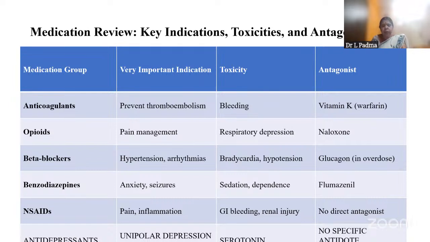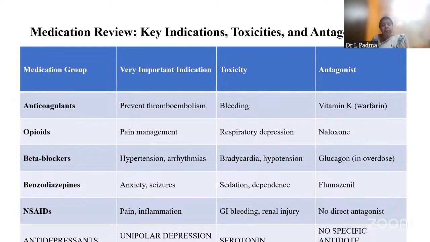So we have all these benzodiazepines by names like diazepam, lorazepam, estazolam, midazolam, chlordiazepoxide, etc. The very important indications are most often insomnia and anxiety, and especially seizures as status epilepticus, and later on febrile convulsions, mainly, but not used in chronic epilepsy. In chronic epilepsy, it is mainly used as adjuvants. And toxicity mainly is sedation and dependence. And in any acute overdose, we use flumazenil.